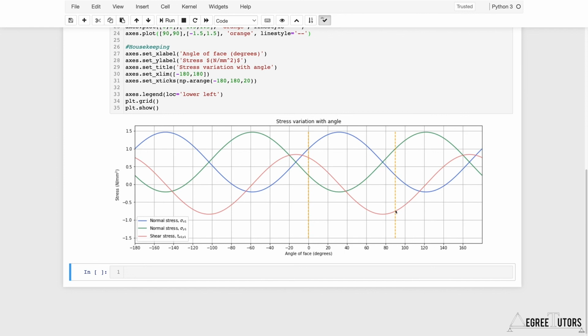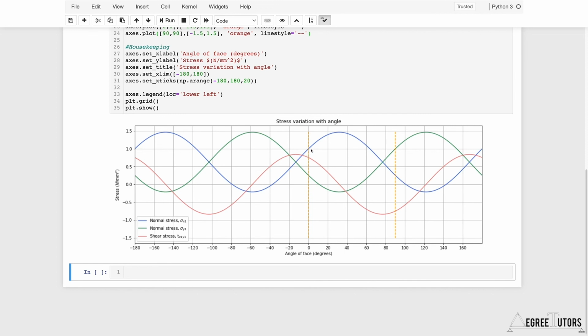Now, what is the other big headline here? What's the big takeaway message? I think the biggest one is that the values of normal stress that we started out with, remember, sigma x equal to 1 Newton per millimeter squared, sigma y equal to 0.25, are not the maximum values of normal stress that develop in that particular element.